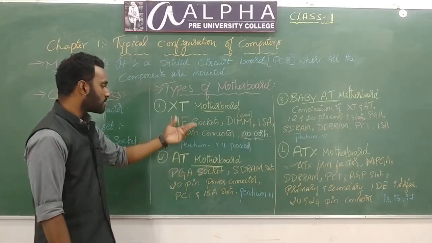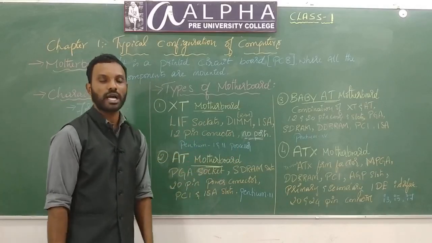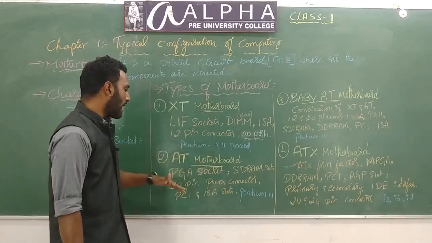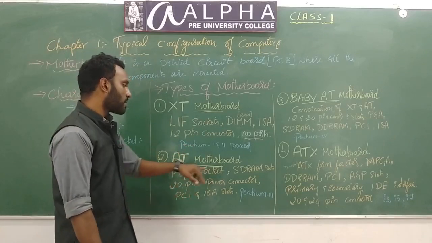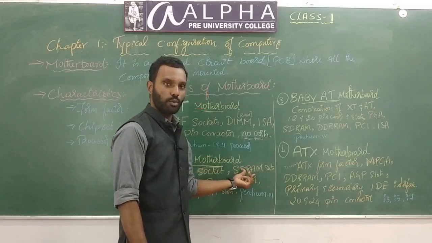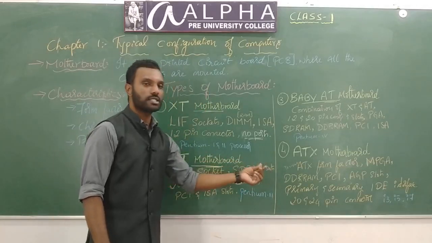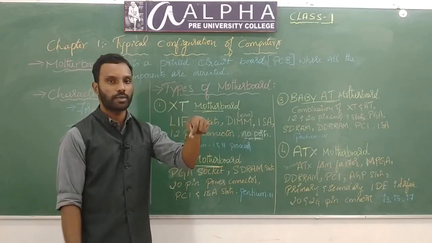Coming to the next type of motherboard, AT motherboard, advanced technology motherboard. This motherboard had PGA sockets, pin grid array sockets, and SD RAM, synchronous dynamic RAM, which is a main memory. RAM slots are where the RAM can be placed into the motherboard.